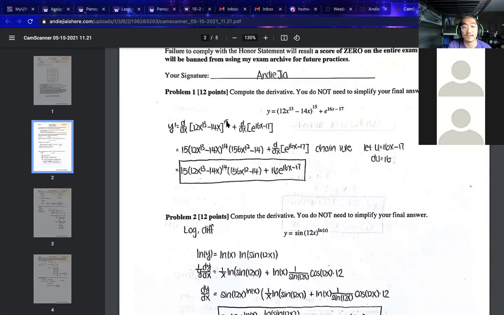Do you have any questions on problem one? I think this is basic chain rule. If you have any questions you want to ask, just feel free to ask me.